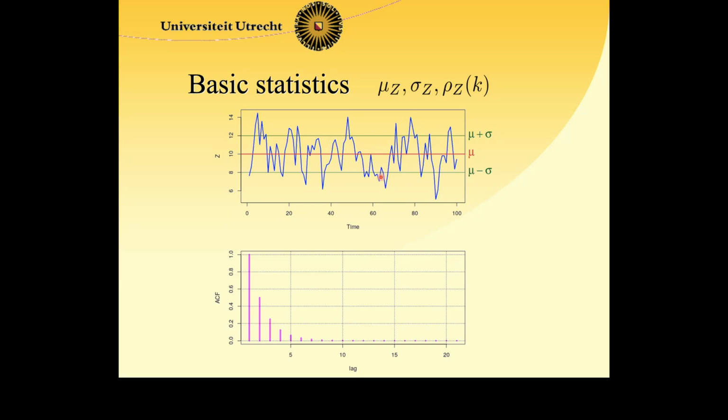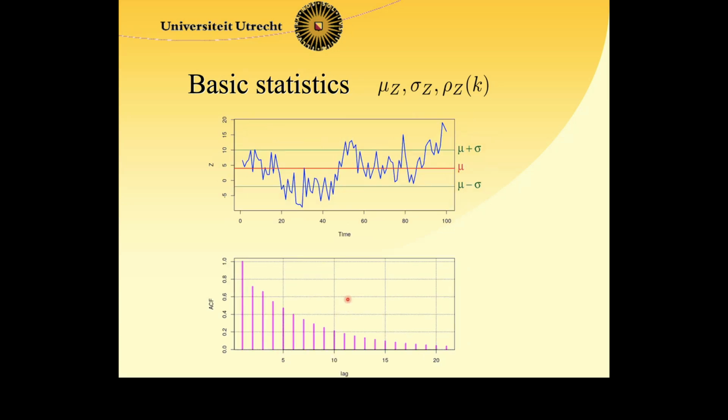Now, of course, these are basic statistics given like this, but suppose that we have the same mean and standard deviation, but a different autocorrelation function. You can see it looks like this. So you see that the correlation length is much larger than the previous one.